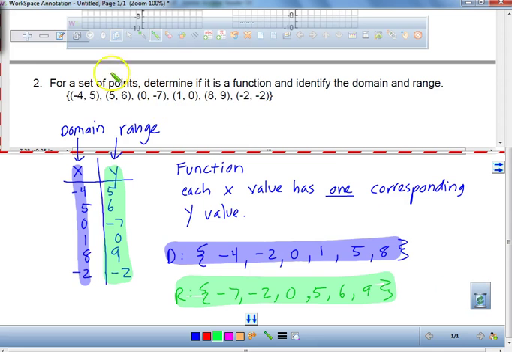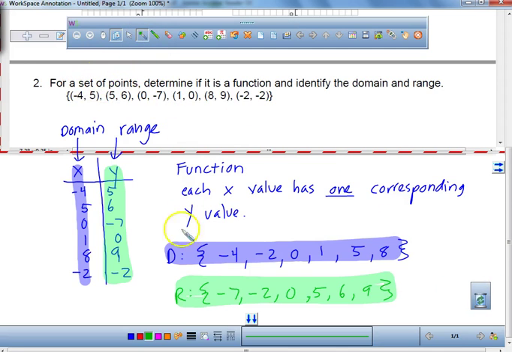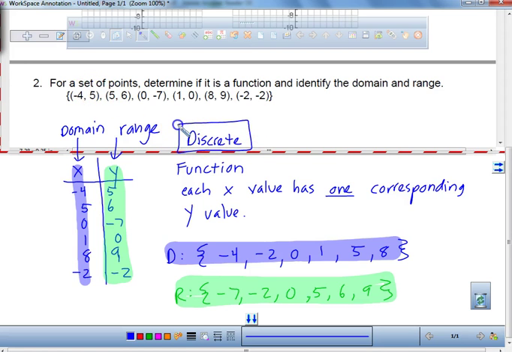So when it says, for a set of points, by the way, everybody, this would be considered a discrete function. A discrete function is different than a continuous function. If all you have is just a set of points, that's considered to be discrete.